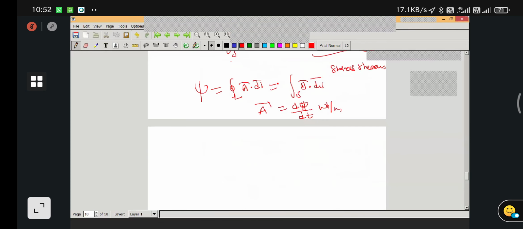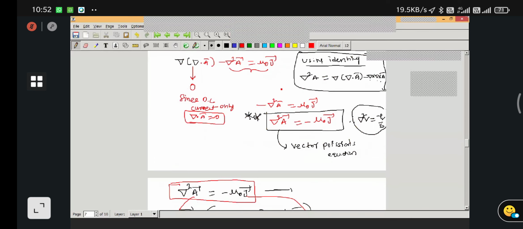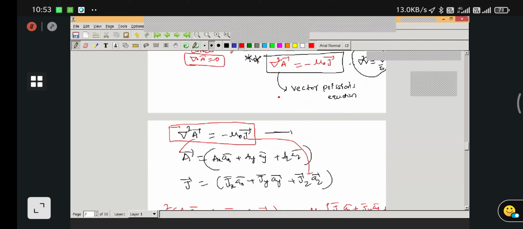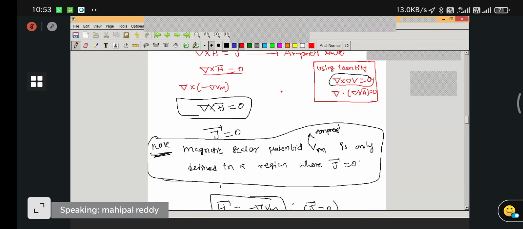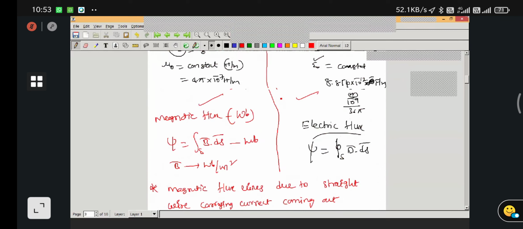Please read the PDF, and any doubt, ask me. Or else you can read the textbook of Sadiku. Follow the class, the notes and the textbook. If there is any doubt, ask me. And then after tomorrow.